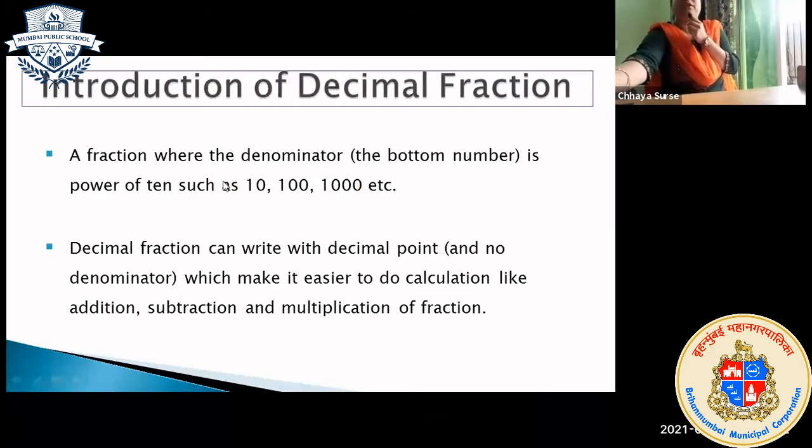A fraction where the denominator, the bottom number, is a power of 10, such as 10, 100, 1000, etc. A decimal fraction can be written with a decimal point. So I will show you.